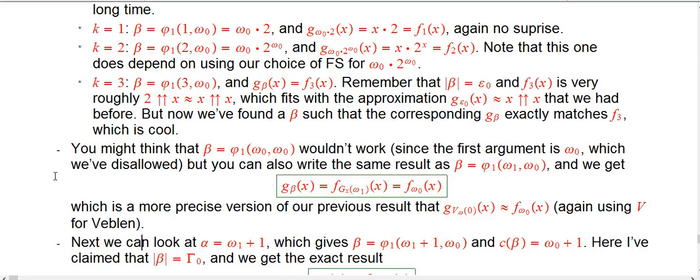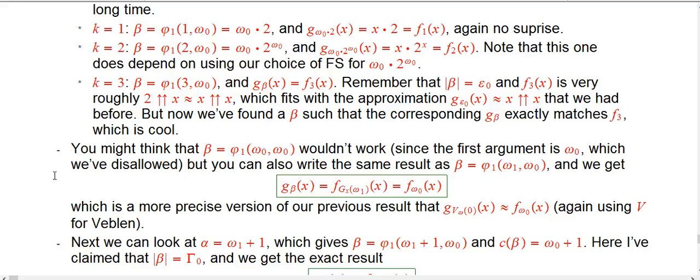The next one we looked at, I claimed that if you use alpha is omega 1 plus 1, suddenly you get something rather more powerful. Okay, so we're going to look at beta is this guy, phi 1 of omega 1 plus 1, comma omega naught. So its reduction is, we're just going to take this sucker and gx it. Well, now remember what happened to gx.